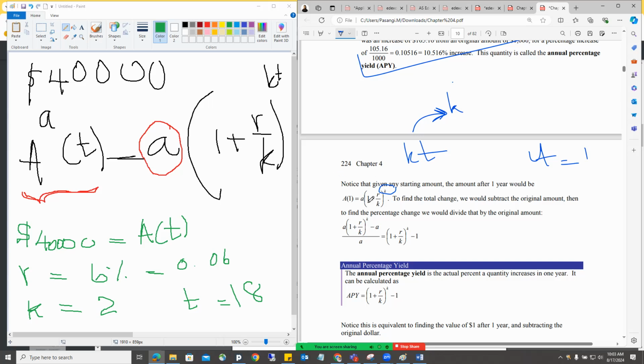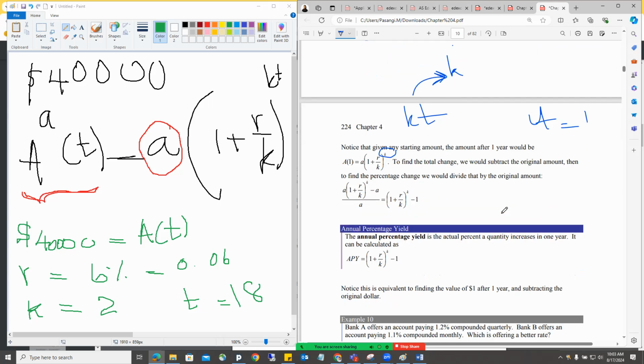Then we can rewrite the initial compound interest formula as A_t equals A times (1 plus r over k) to the power of k. To find the total change, we would subtract the original amount, then we can find the final value.